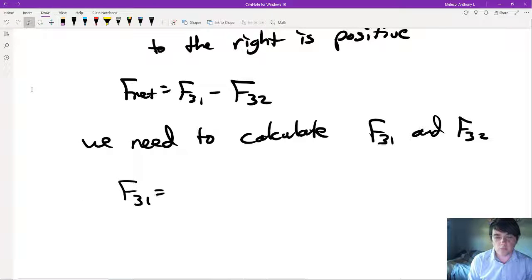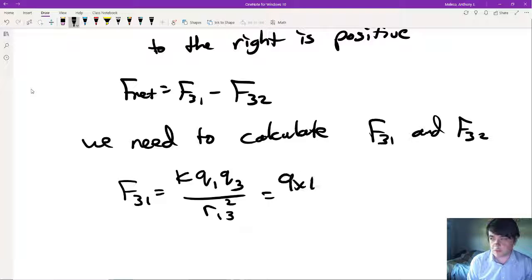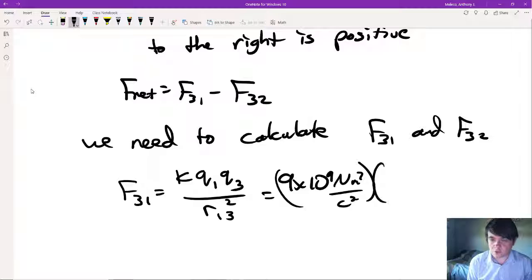So F31 equals K Q1 Q3 over R13 squared. This is 9 times 10 to the 9 newton meter squared per coulomb squared. And then our charges. The first one, I believe, was 4 times 10 to the minus 6 coulombs. Okay, so it was 4 microcoulombs, right?